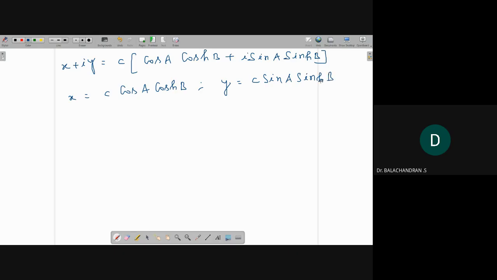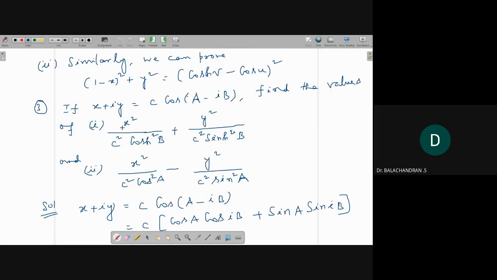So now once you got this, go here. So here x square divided by c square cos h square. The denominator will have hyperbolic.